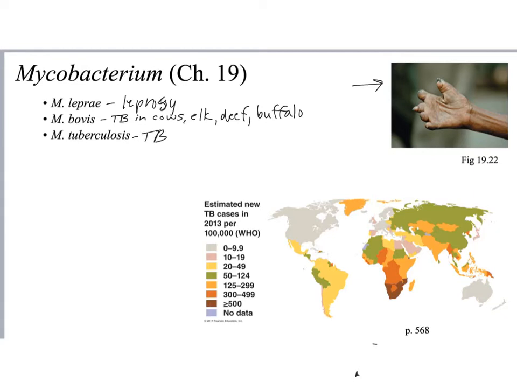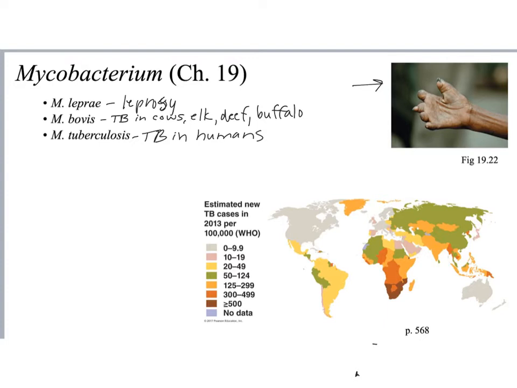Of course, this causes tuberculosis in humans. All right, so in this country, we don't really think about tuberculosis all that much, but it's still a worldwide threat. So I wanted to show you some statistics here from your book.